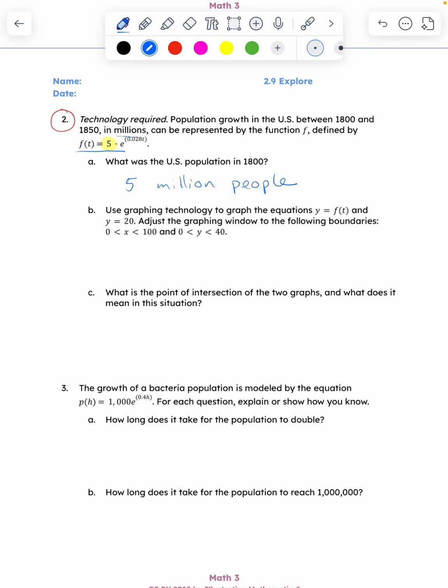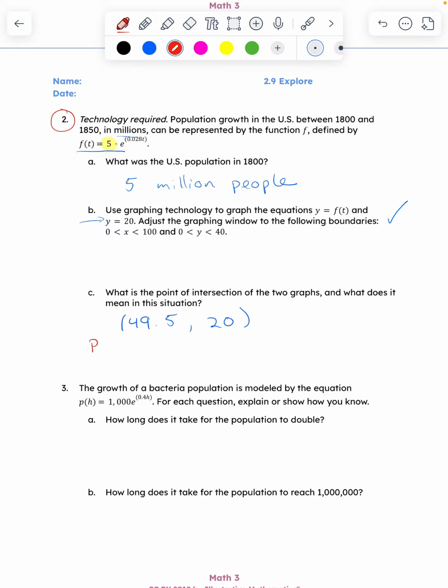Okay, so we discovered that we could do this. We found the point of intersection at 49.5 or thereabout, 20. Now let's think about what that means. So when y equals 20, that's going to be some population value. It's going to be in millions as well.